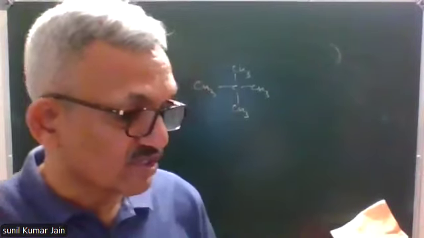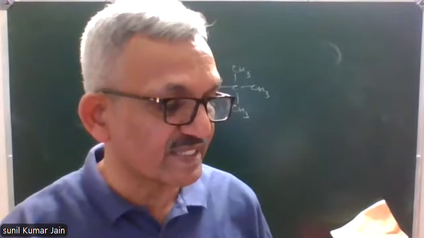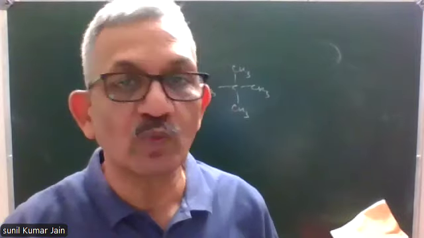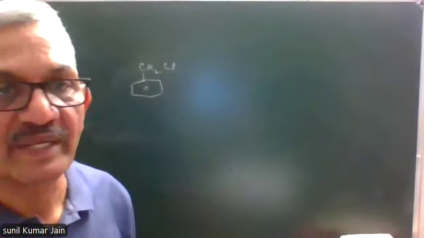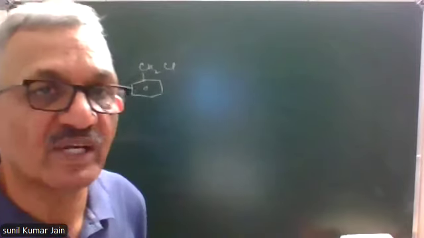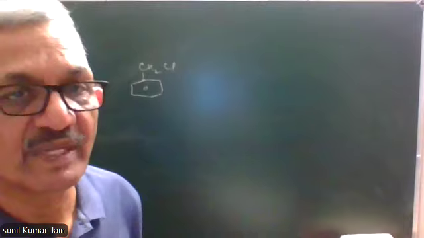Next, give structures and IUPAC names of all isomers with molecular formula C7H7Cl, each containing 1 benzene ring. See, there will be 4 isomers. One is, I'm telling you the common name, but you have to write the IUPAC name. You can find IUPAC names in notes or apply rules. Common name of this compound is benzyl chloride.